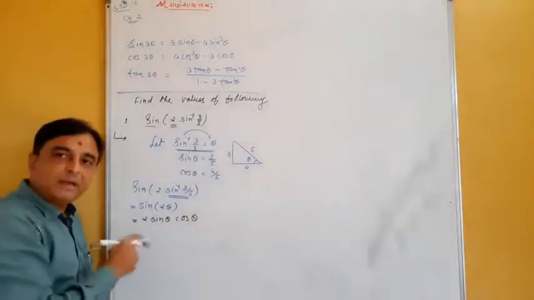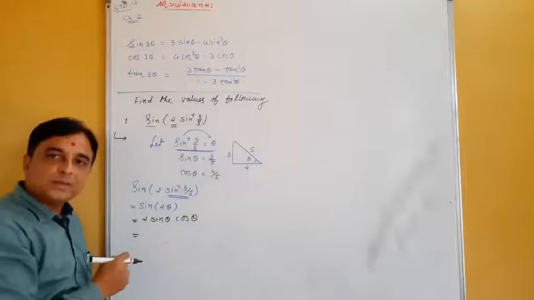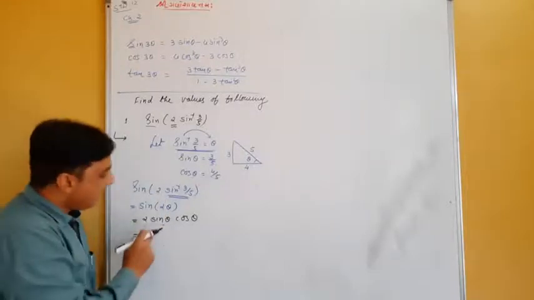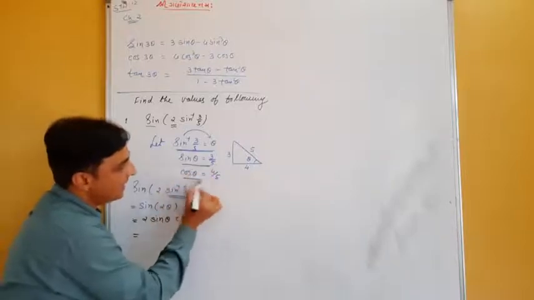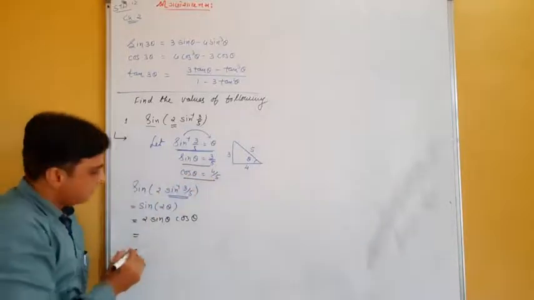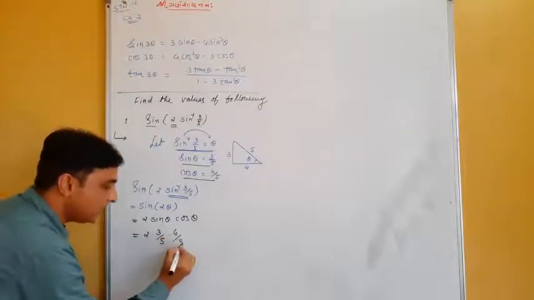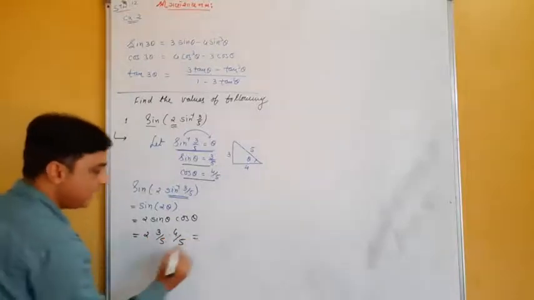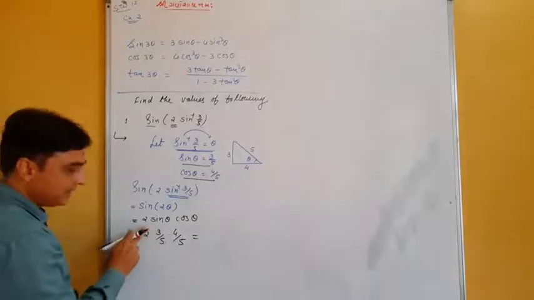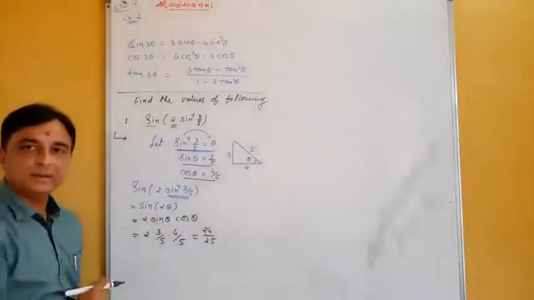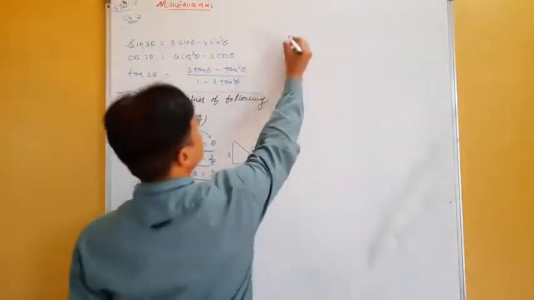So we have converted the given inverse trigonometric function into a simple trigonometric function. Now we know sin theta is 3 by 5 and cos theta is 4 by 5. Answer will be 4 3s are 12, 2s are 24 by 25.